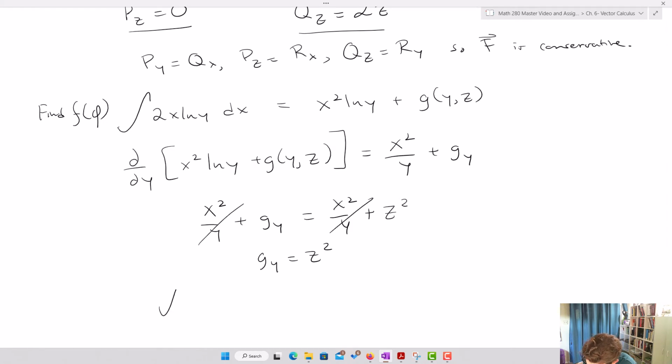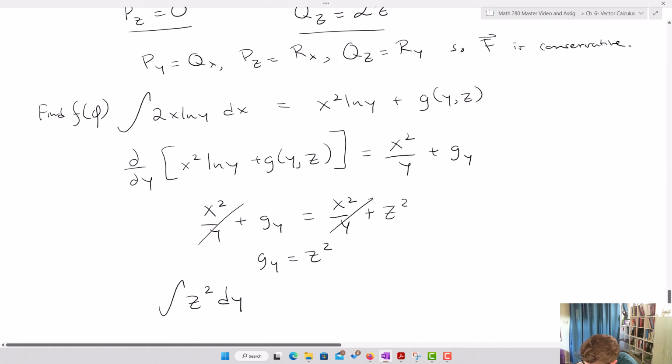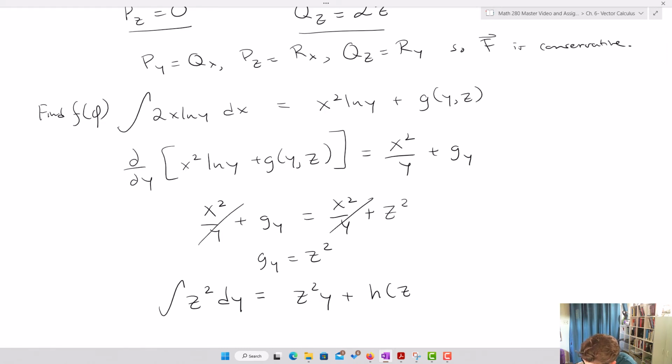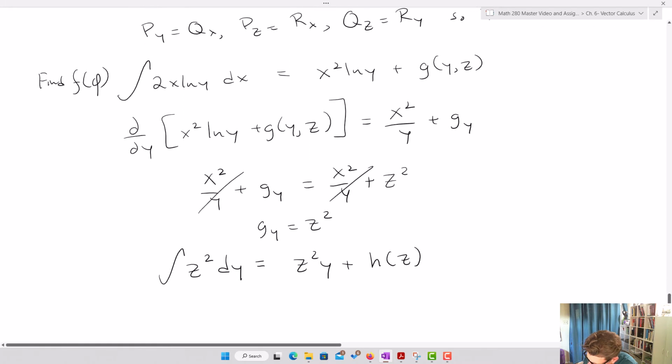Now I'm going to integrate with respect to y, so I'm going to integrate z² dy, and that's going to equal z² y plus some h of z. Finally, I'll take the partial with respect to z of z² y plus h of z. That gives me 2zy plus h prime of z.